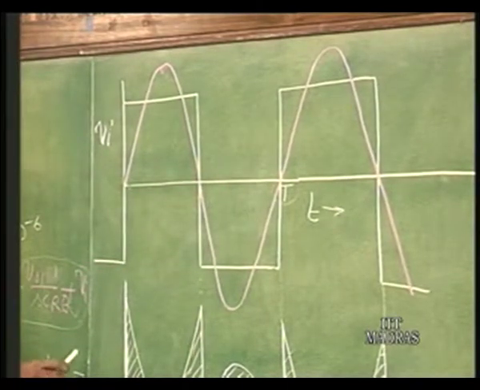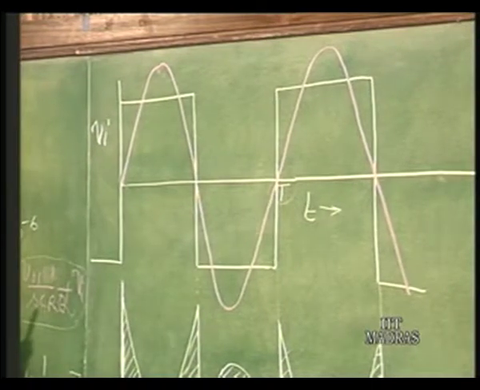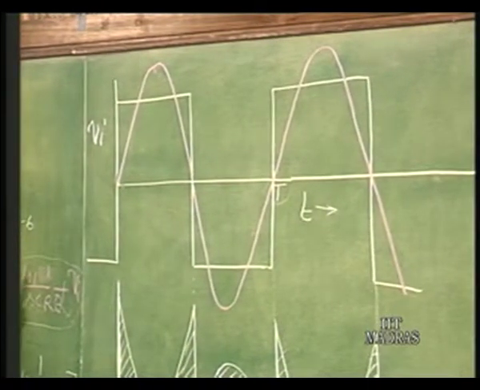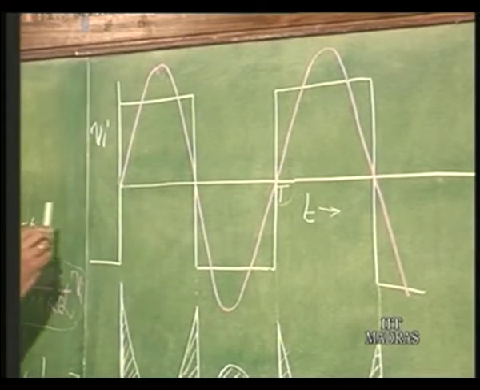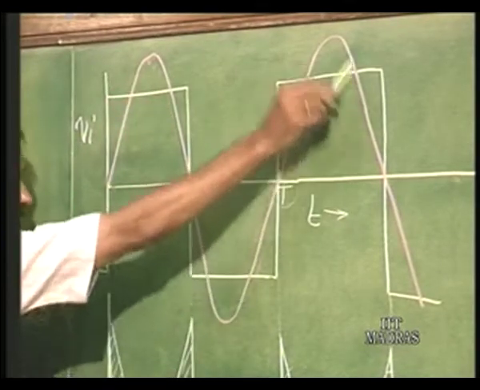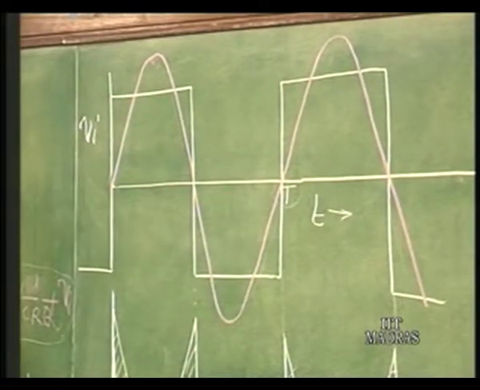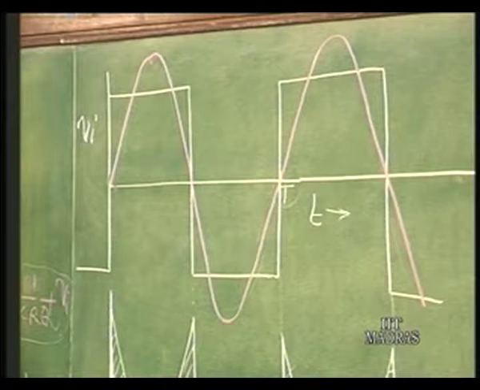And if it is exactly tuned to omega naught, if the incoming frequency is same as omega naught, which is equal to 1 over RC of the filter, then at the band pass output it should give me the fundamental. You should select the fundamental and eliminate all the harmonics. So, this may be some kind of fundamental output.